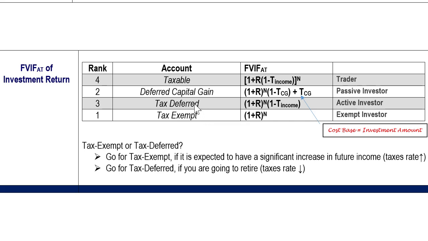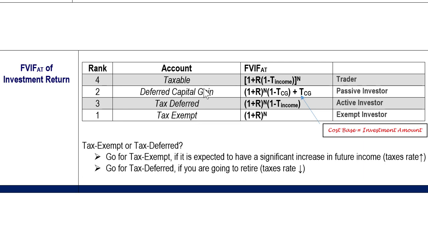Another one is a tax deferred account. It's truly based on the income tax part. We try to set up an account where they're able to defer their income tax. Another one is the tax exempt account, which means they don't have to pay tax.